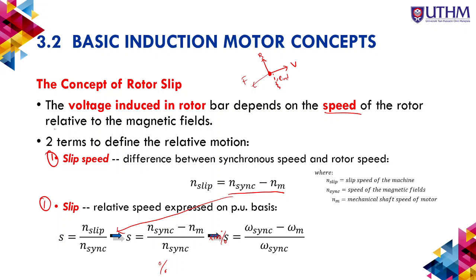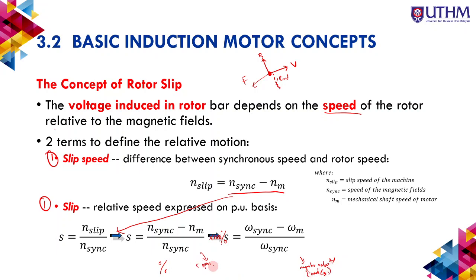Okay, so we can also express the slip with radian per second, actually the angular velocity, while this one is in revolutions per minute, RPM. So this is in RPM form. This one is the angular velocity, in radian per second.